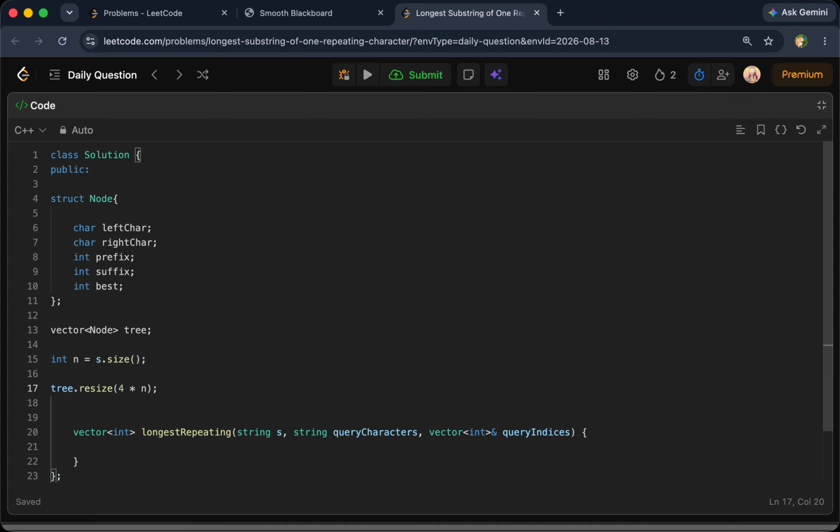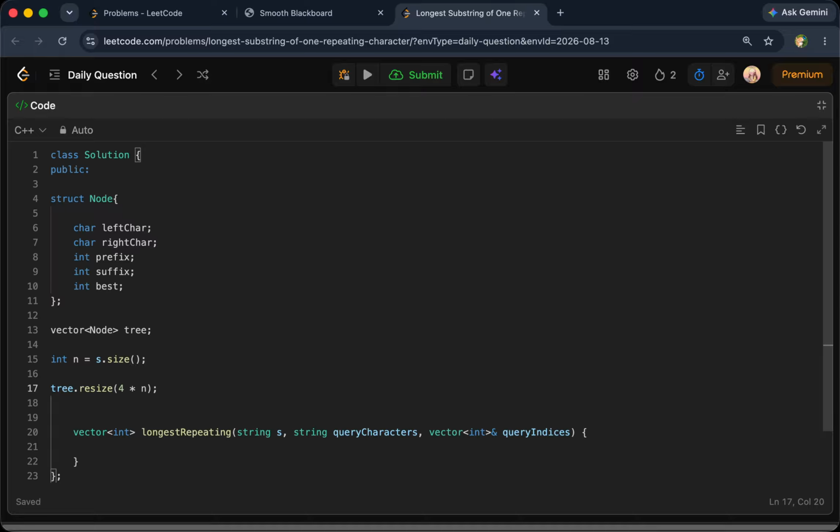Okay, a segment tree contains multiple nodes, so I need an array to store those nodes. I allocate around 4 times the size of the string, which is enough for a standard segment tree implementation.